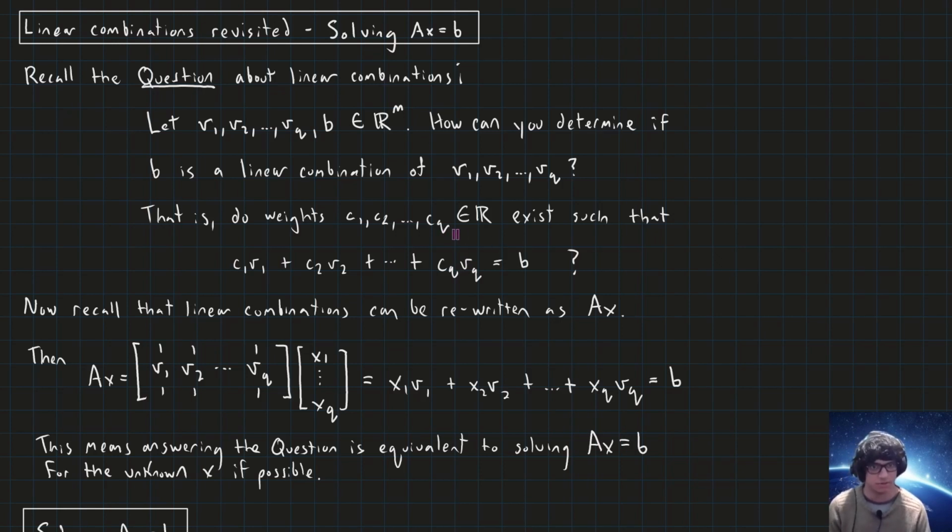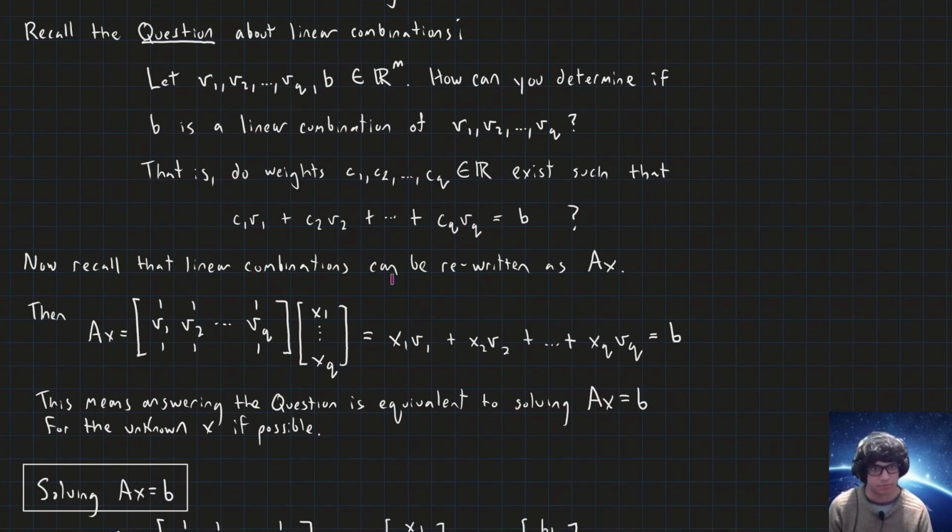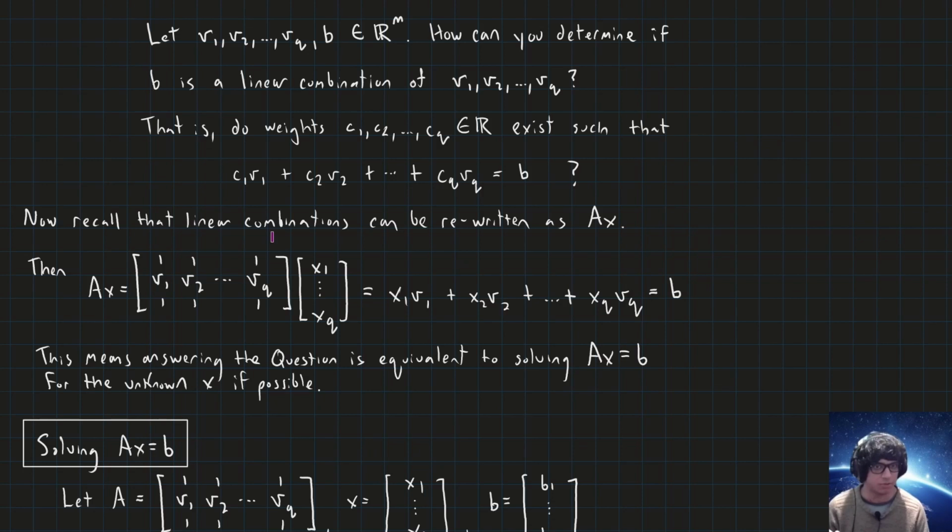Now we want to remember what we said about the product Ax. If A is thought of as its columns, v1 through vq, and we multiply it by some vector x, which has entries x1 through xq, then it looks like this.